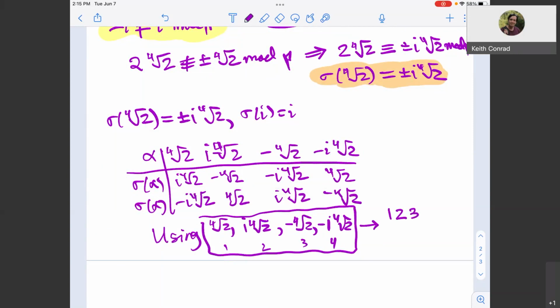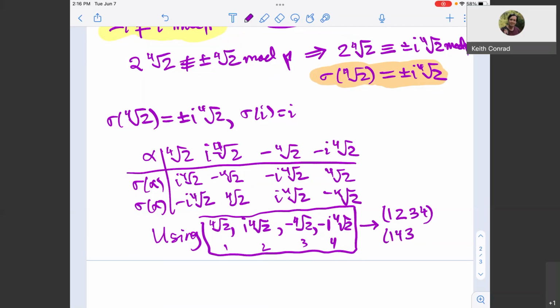And minus the 4th root of 2 goes to minus i times the 4th root of 2, which is 4. So we get the 4-cycle (1 2 3 4). The second row, the 4th root of 2 goes to minus i times the 4th root of 2. Well, that's the last element, so that's 1 goes to 4. Then minus i times the 4th root of 2 goes to minus the 4th root of 2, which is 3.